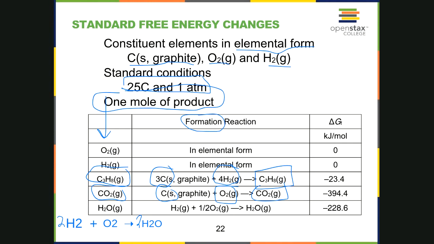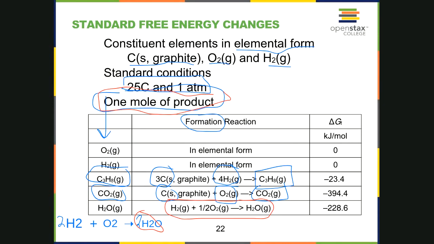You only want to have 1 mole of product. So this 2 here is not going to work. That's why the formation reaction for water is going to look like this. We're going to have 1 H2, half of an O2, and then 1 H2O. So we just have to keep in mind that that's what the reaction is going to look like.